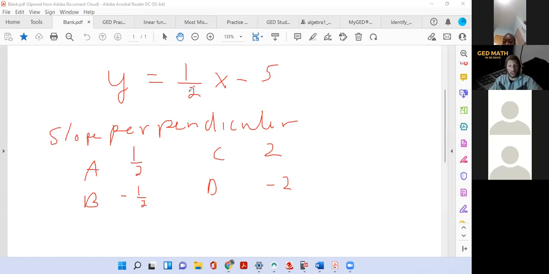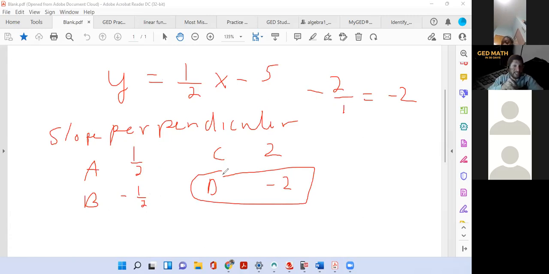Since it's perpendicular, we do the negative inverse. So we change the sign to negative, and we flip it to 2/1, which is -2. With a question like that, that should be fairly easy. And believe it or not, the slope of the perpendicular and parallel is considered a difficulty of medium, not easy. So that's a good thing.